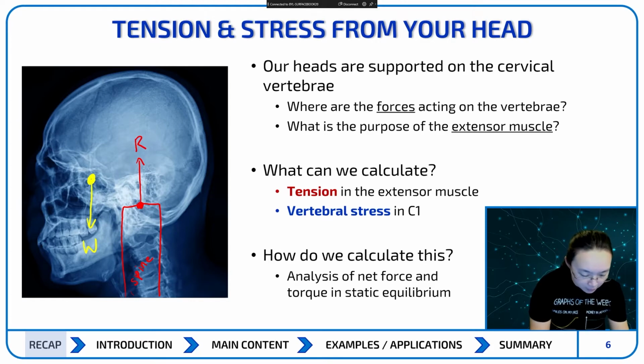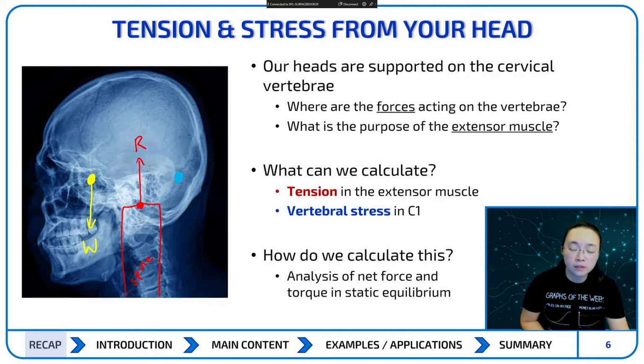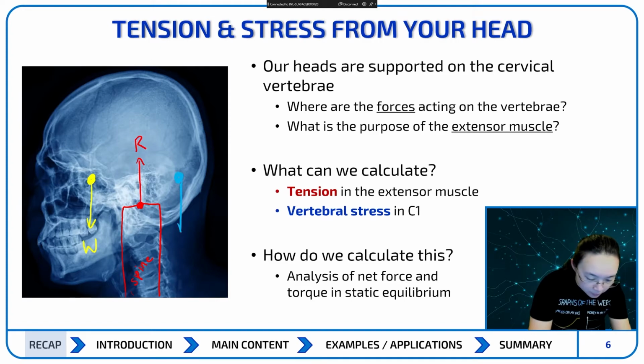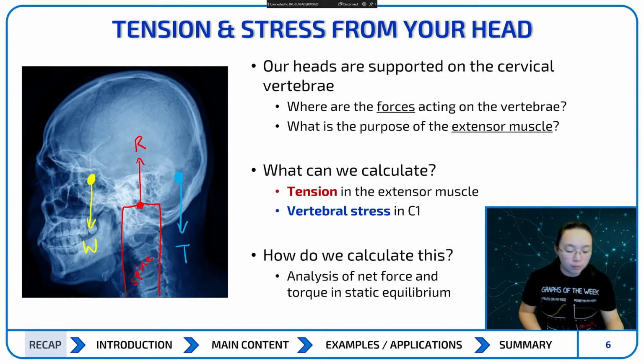So this means I have, in a different color, over here, some sort of extensor muscle pushing down on the other side with some sort of tension. So those are the three main types of forces that were acting on the human head. Of course, there can be more, but to simplify this, these are the three.